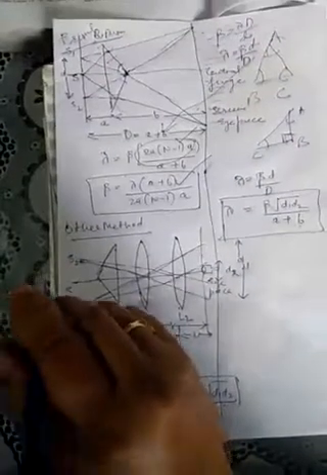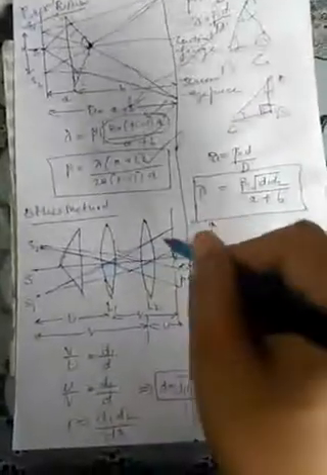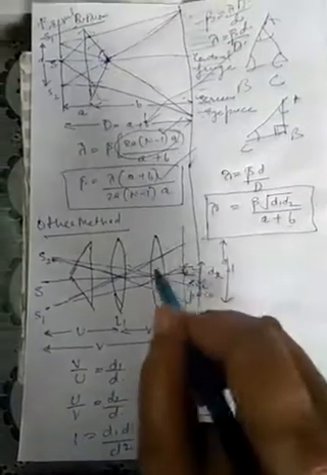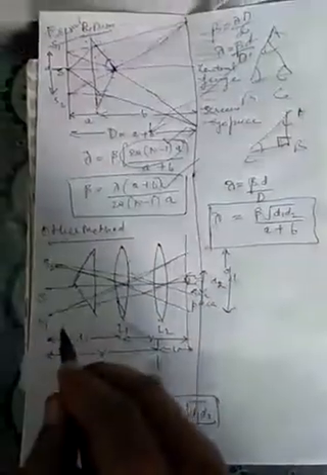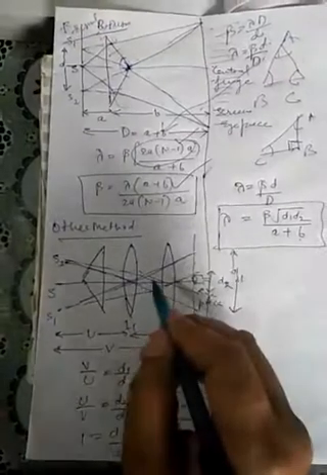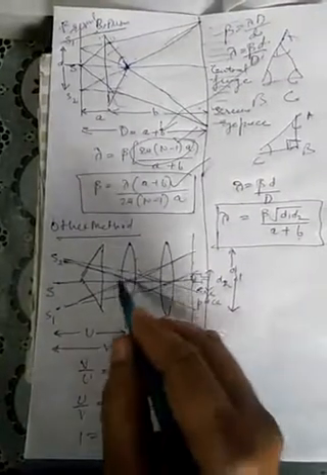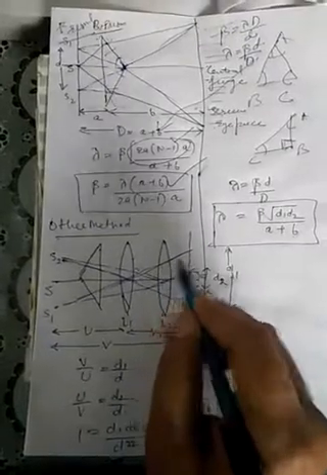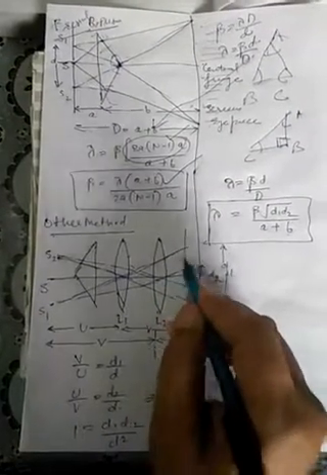This was without using any lenses. Now we can also insert a lens between them. There will be two different positions of the lens, L1 and L2, where sharp images of the coherent sources are observed in the eyepiece, and the separation of the images in the two positions is measured as d1 and d2.